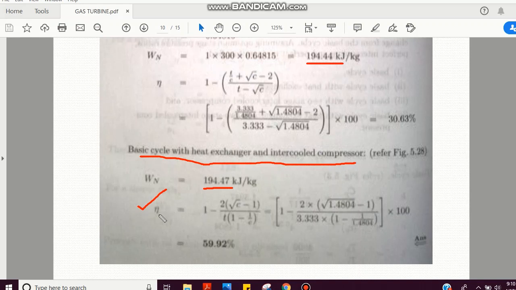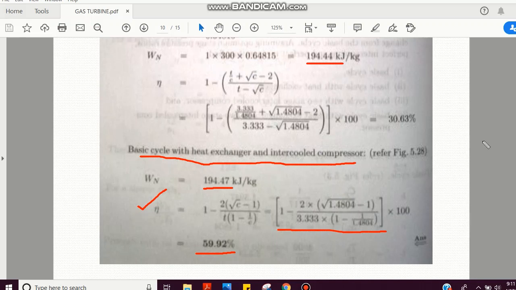The net work output is the same as for the basic cycle with intercooled compressor, that is 194.44. The expression of efficiency for the basic cycle with heat exchanger and intercooled compressor is 1 minus 2 into root c minus 1 by t into 1 minus 1 by c. By substituting the values of c and t, we get 59.92.